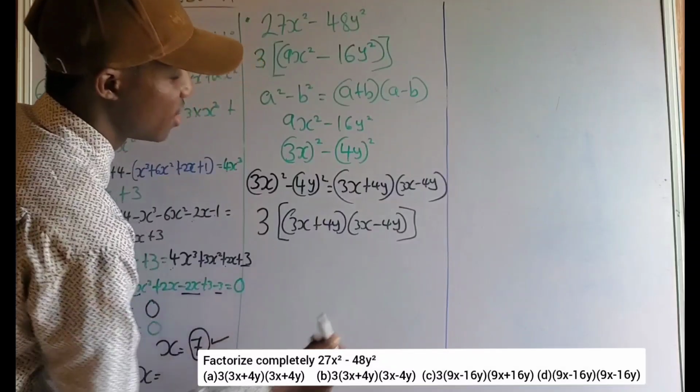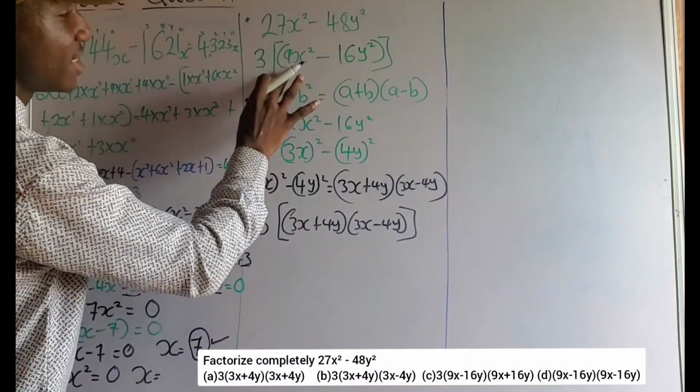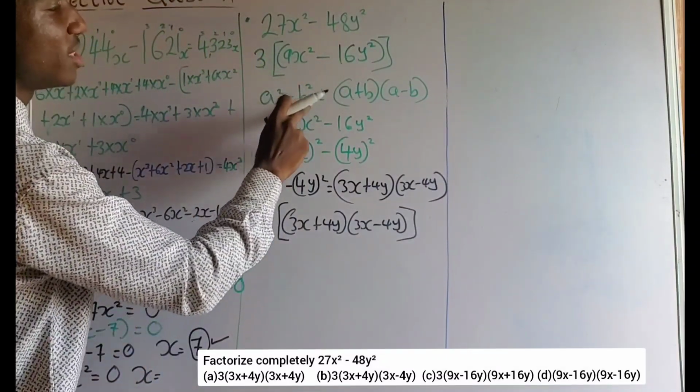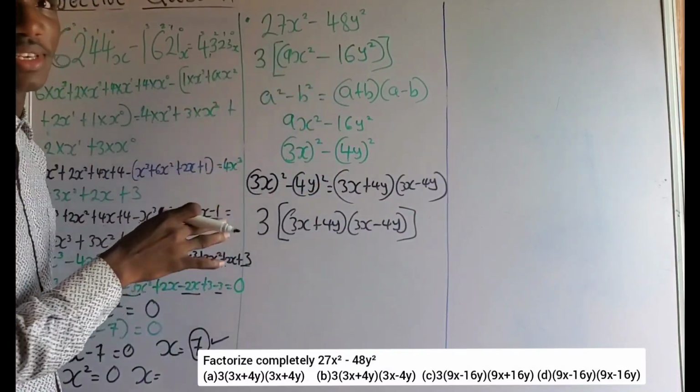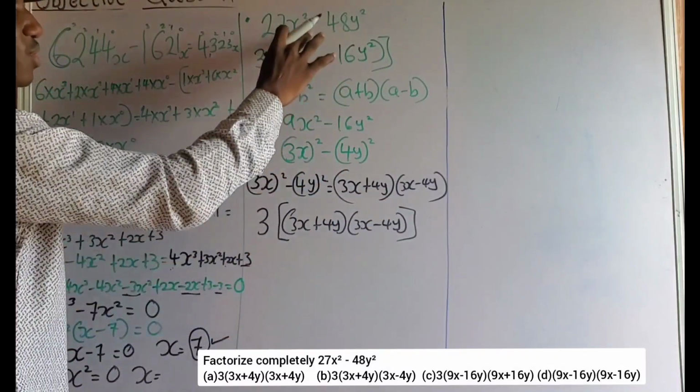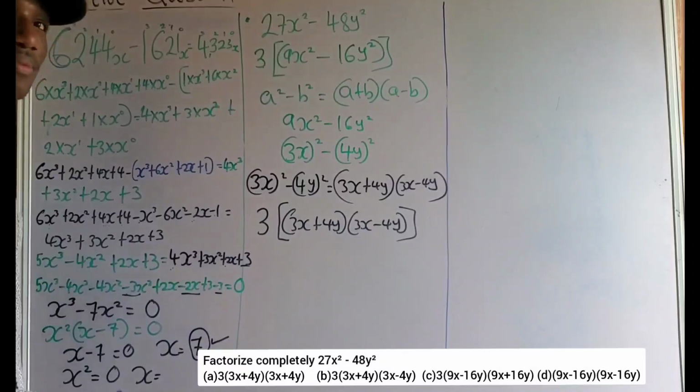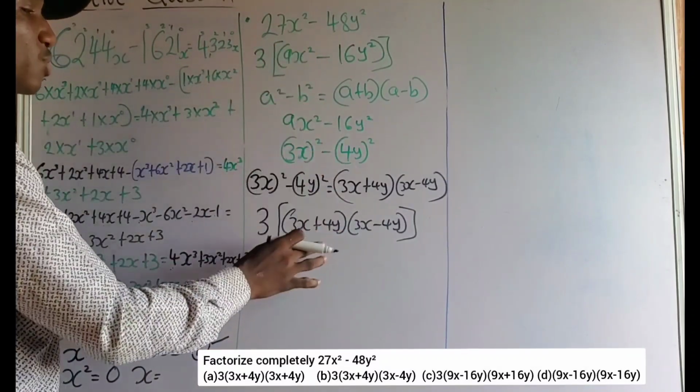Do you know what I did? I just rewrite this in this form, and then I use the difference of two squares. Then I bring everything that I have here, I substitute it inside the bracket. So this is the factorized form of this. If you factorize this completely, this is what we're going to have.